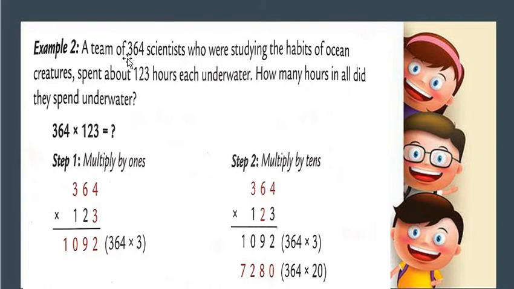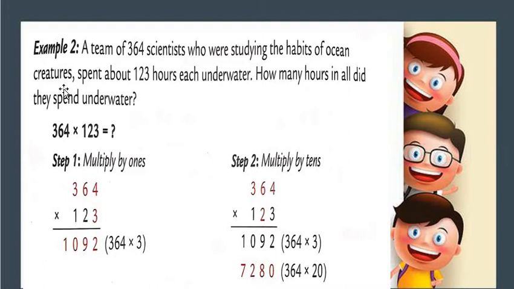Example number 2, a team of 364 scientists. One team is there, and in one team 364 scientists are there, who were studying the habits of ocean creatures. Ocean creatures, you know all students what is the ocean. I hope you all know what is the ocean.